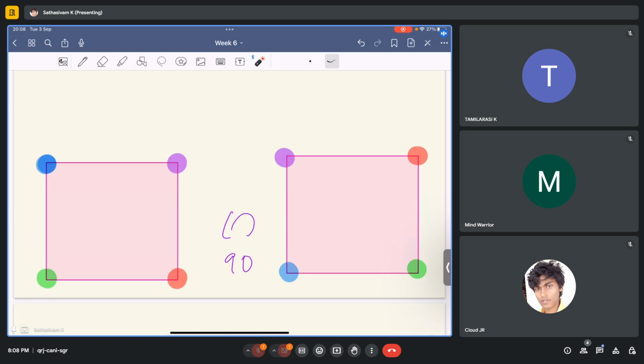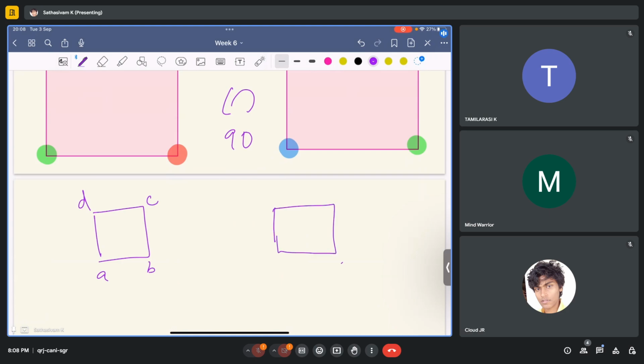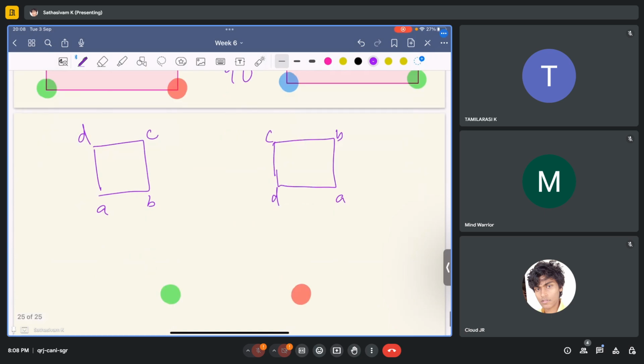So instead of color, let me just draw it with some letters. Here I have a square. Let me call it A B C D, and if you rotate by 90 degrees, you will get a different arrangement of A B C D. Okay, and these are different squares. So I can do 90 degrees here, and I can put it here.